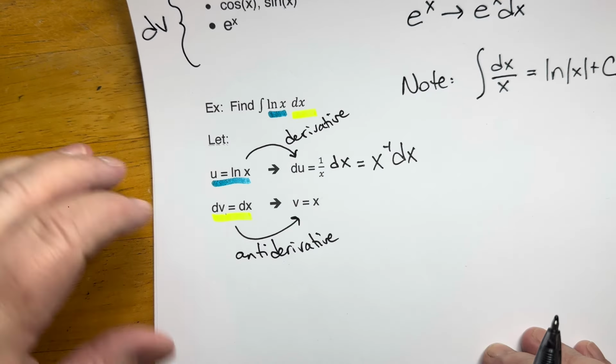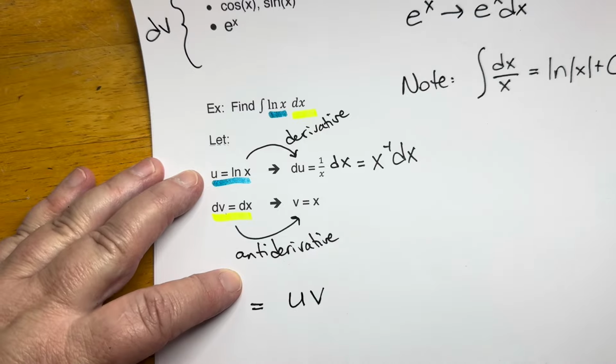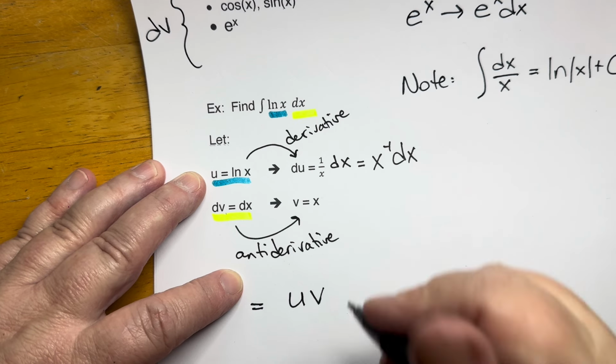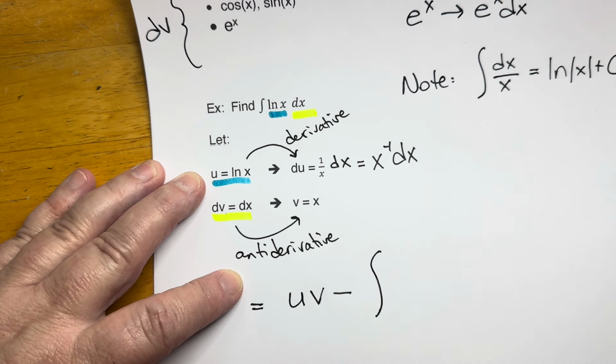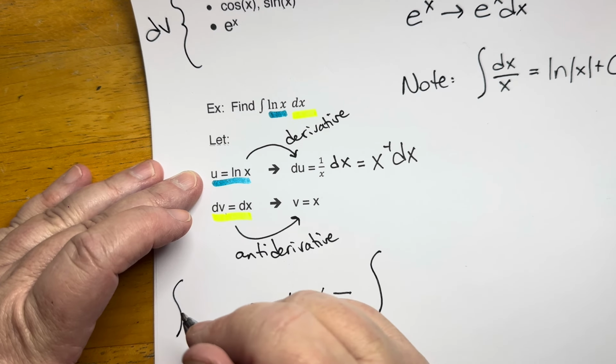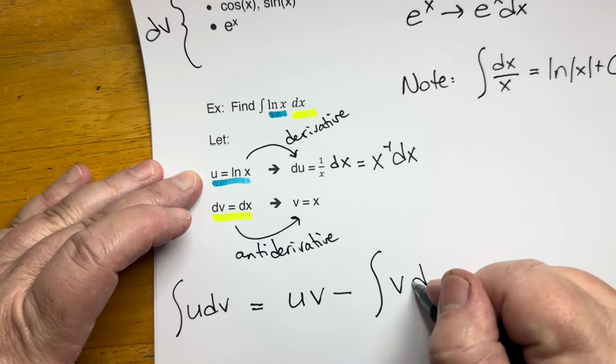Okay, so remember that what it means is you take the two antiderivatives, the u and the v, and then you subtract. Remember, the original is u dv, and this becomes v du.